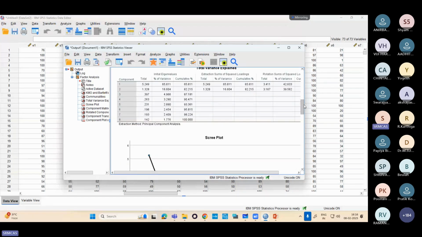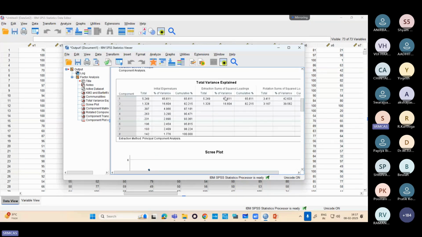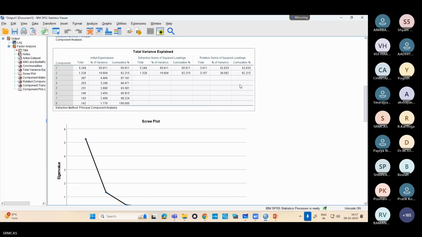Okay, so this is the eigenvalue table that I showed in the slides. This shows the eigenvalues. If the eigenvalue is more than 1, we select those factors; the number of factors is equal to the number of variables.